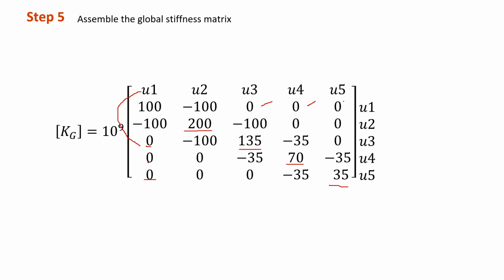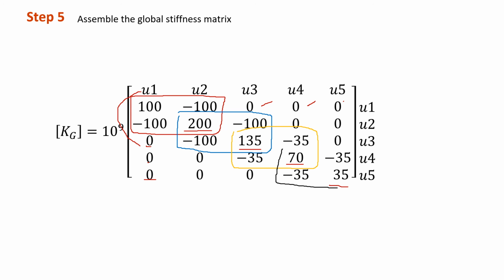Note that this first value is actually coming from K1, and this one is coming from element 2, K2, and this one is from K3, and the last one is from K4.